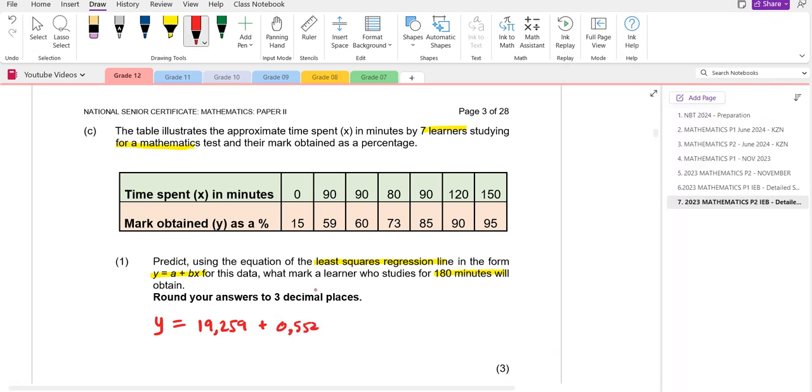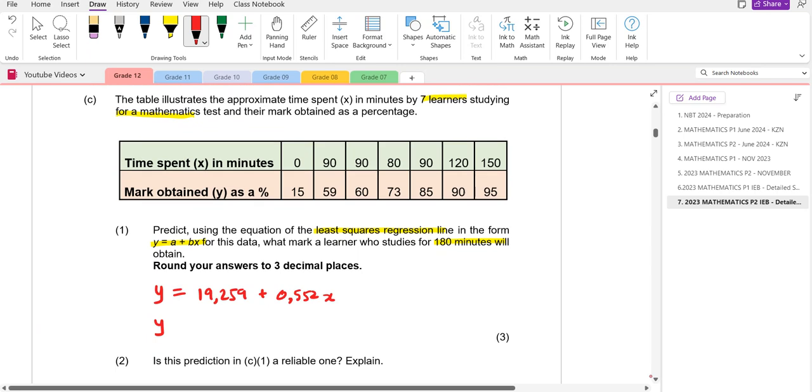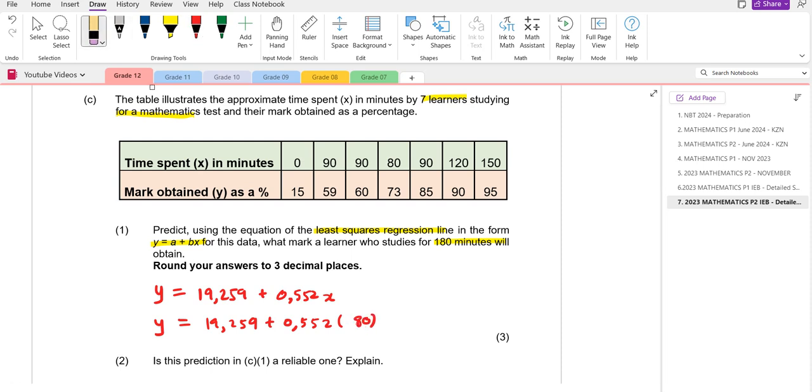0.552 x. Right, now to obtain a mark, if a learner studies for 180 minutes, what mark will he obtain? So 19,259 plus 0,552 times x, which is 180. Studies for 180 minutes.